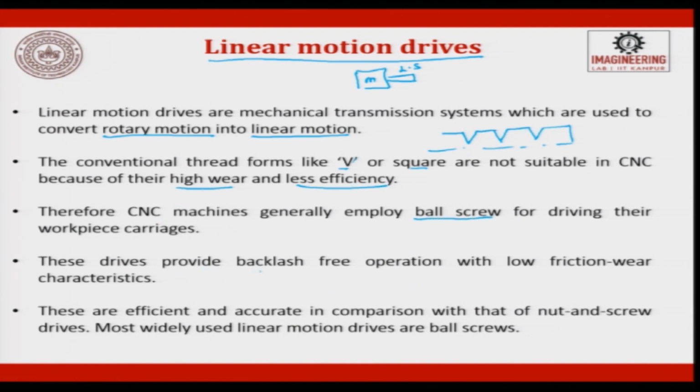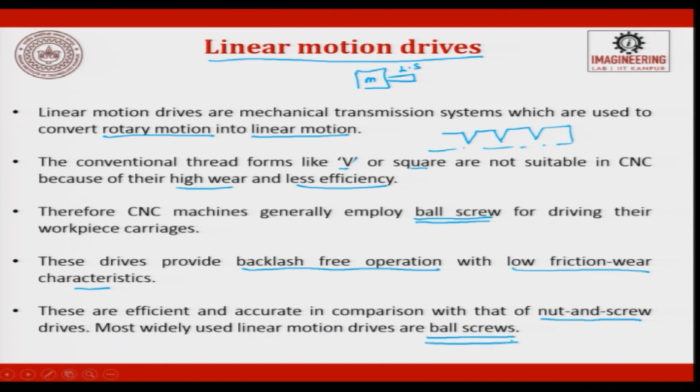These drives provide backlash free operation with low friction, wear and characteristics. This is because of the ball screw. These are efficient and accurate in comparison with the nut and screw drives which are commonly used. The most widely used linear motion drives in a CNC machine are ball screw mechanisms.